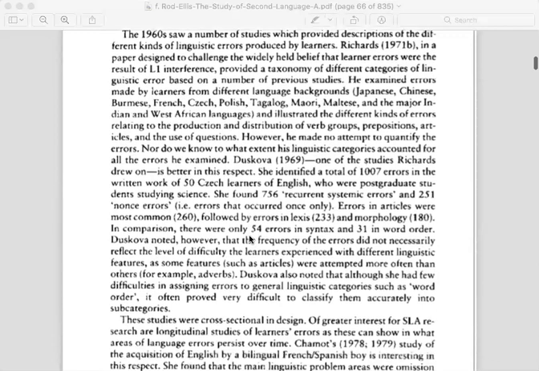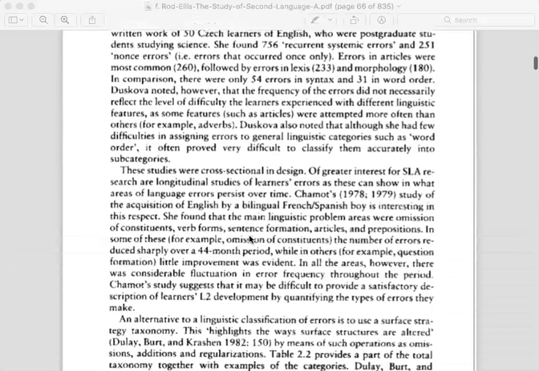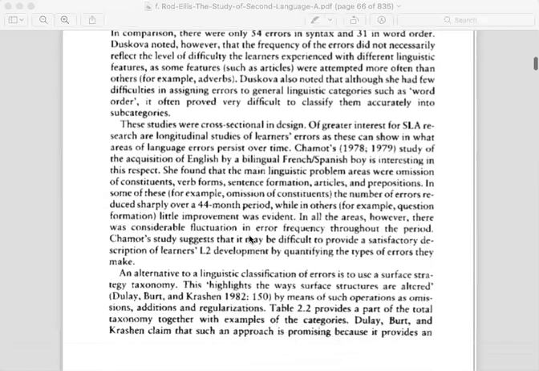Okay, so I'm just reading this out for you, just to tell you about a longitudinal study which was conducted by Chemotz in 1978. The study of the acquisition of English by a bilingual French-Spanish boy is interesting in this respect.